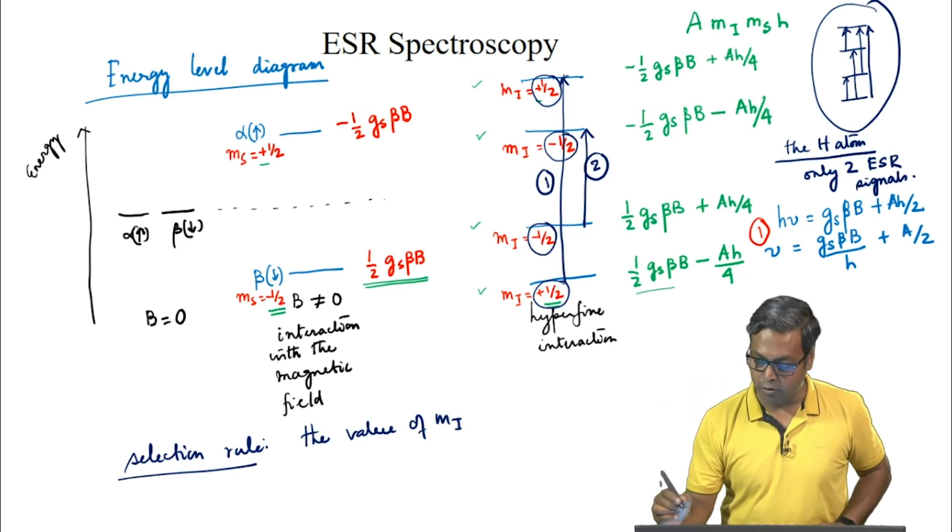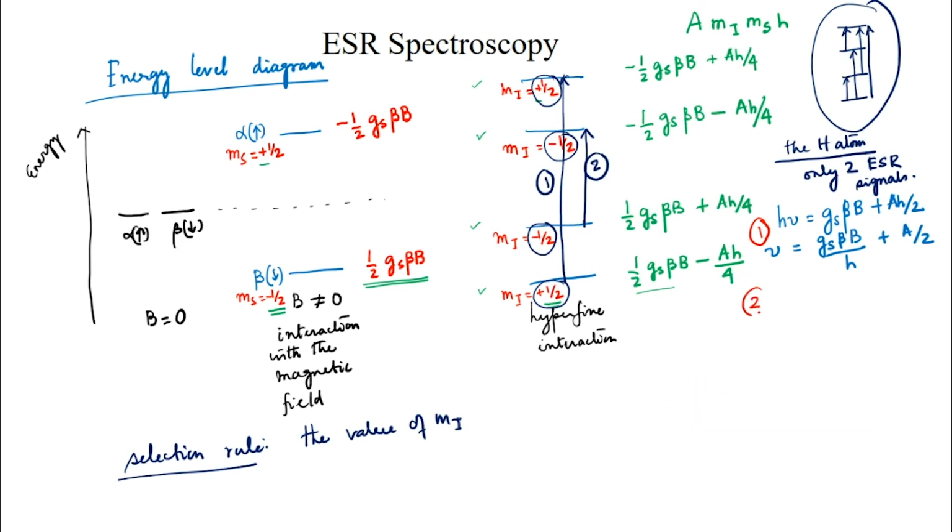Now, for process 2, we have h nu equals G s beta b minus A h by 2, or in other words nu equals G s beta b divided by h minus A by 2.